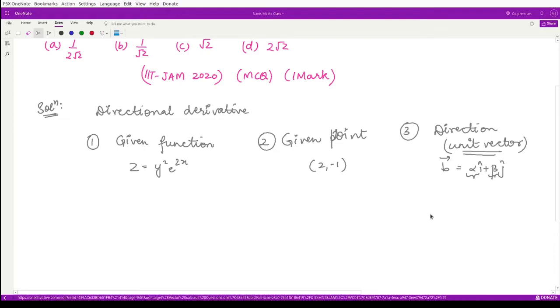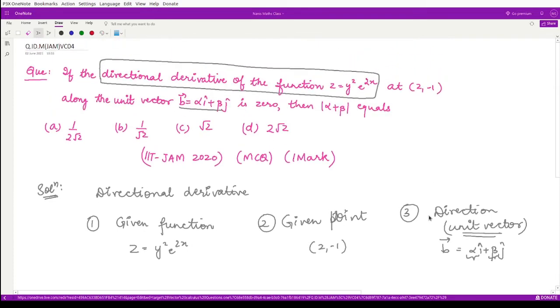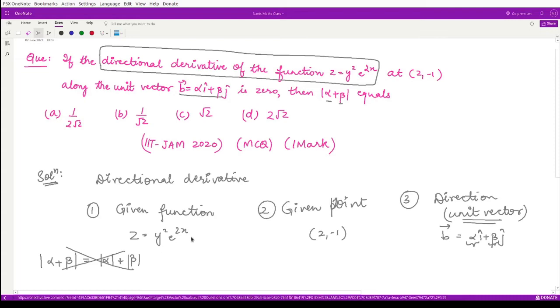They are asking what is the value of the magnitude of alpha plus beta. You might say that the magnitude of alpha plus beta is equal to the magnitude of alpha plus the magnitude of beta, but this is not true. You cannot simply add the magnitudes of these vectors to obtain the given vector. So we have to follow the proper procedure.